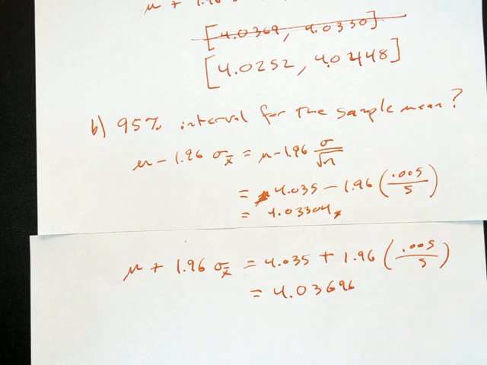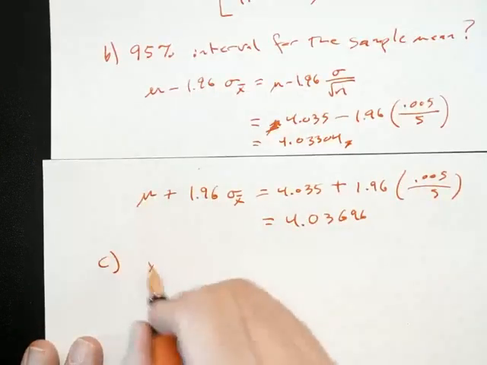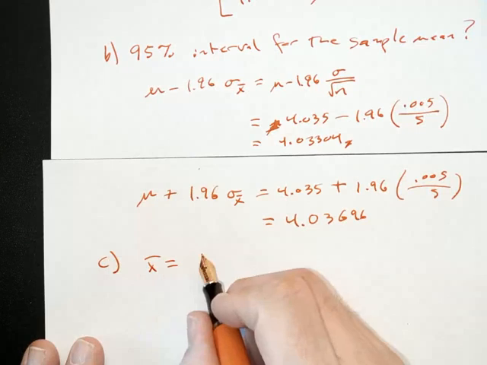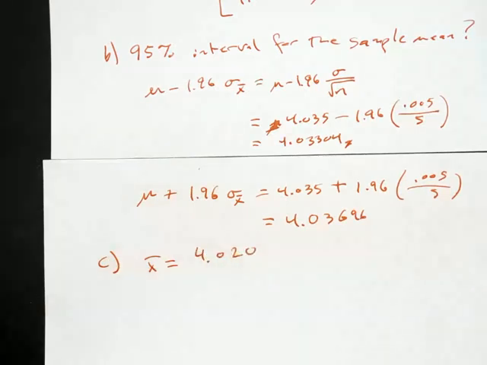If I saw a measurement of 4.0, I turn around and I take out 25 bushings, I average their diameters, and I get 4.020. What should I do?